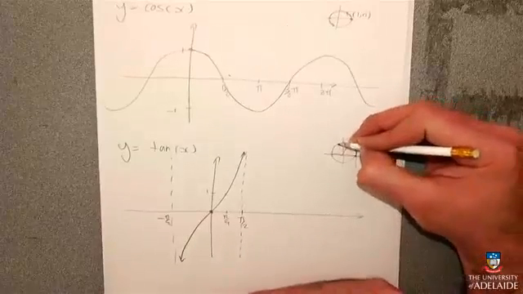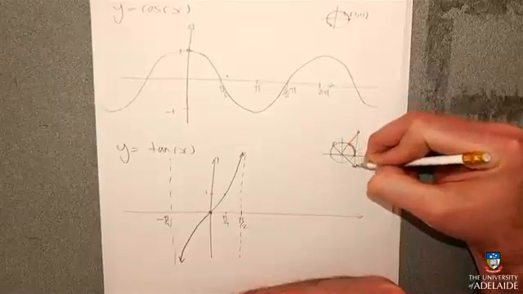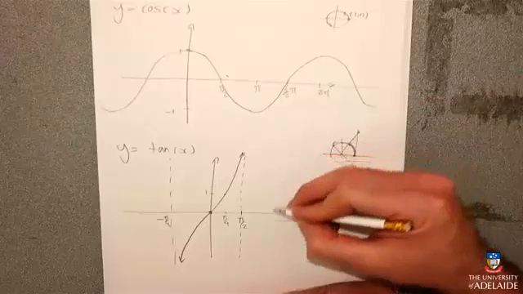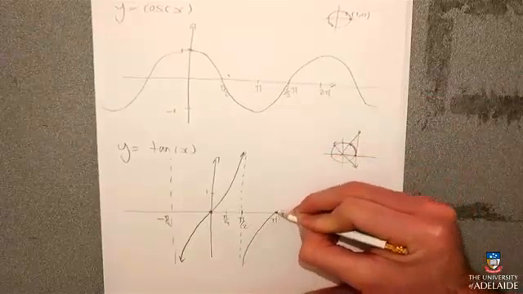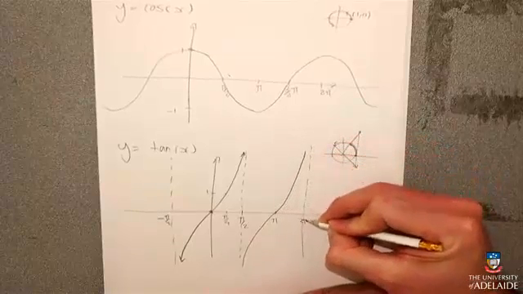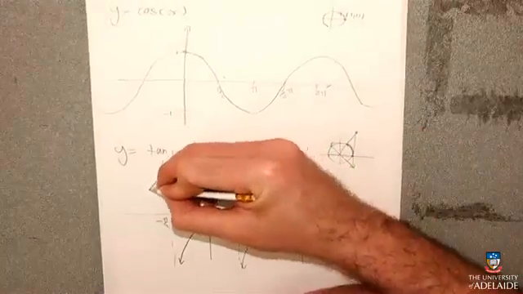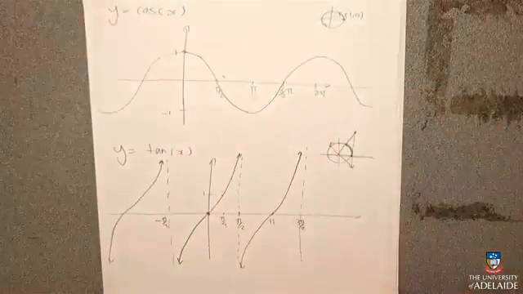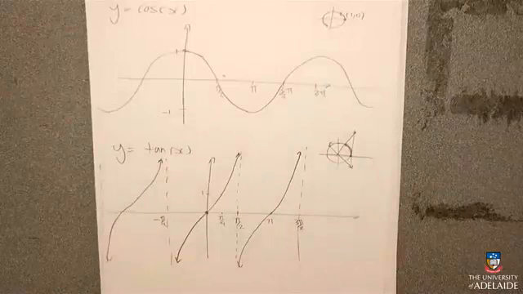So once I get over to this side, when my angle's round here, it meets in the negative side of the tangent. And so here we are in the next zone up to pi, and it comes up here and then goes up again, and it's at 3 pi on 2 that there is no tan. And that's what tan looks like.